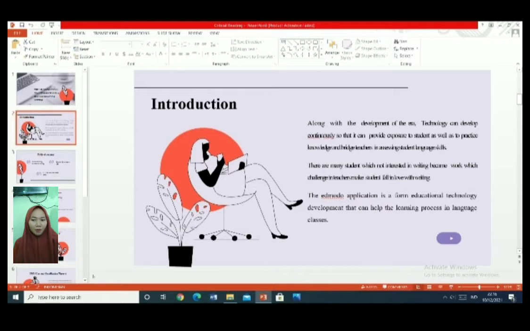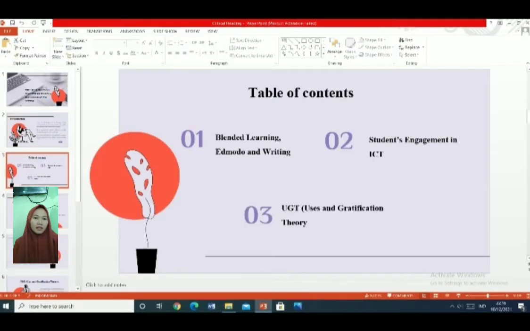And Edmodo may be an application that can help teachers maximize the student learning process so that they are interested in writing again. Next, the table of content.